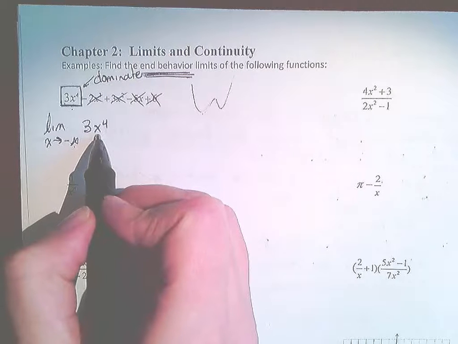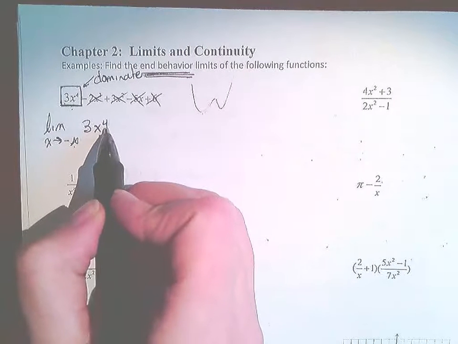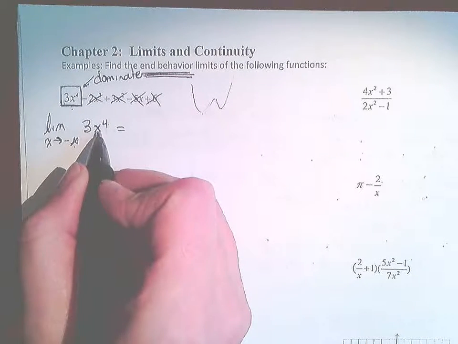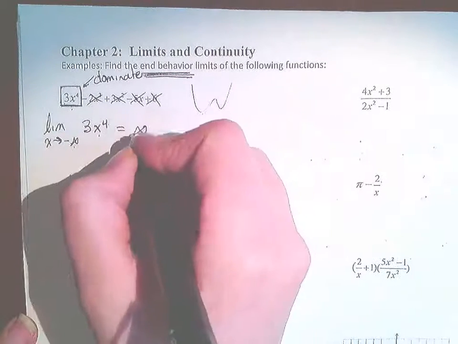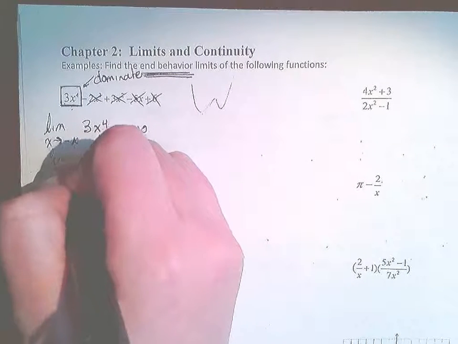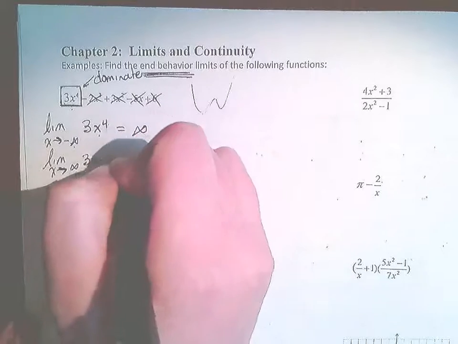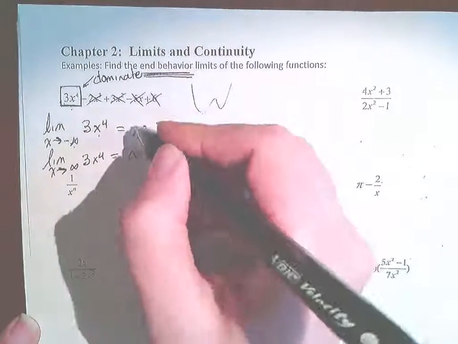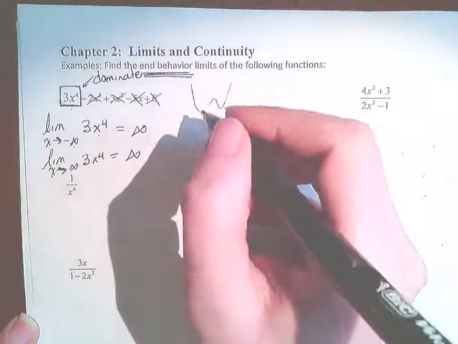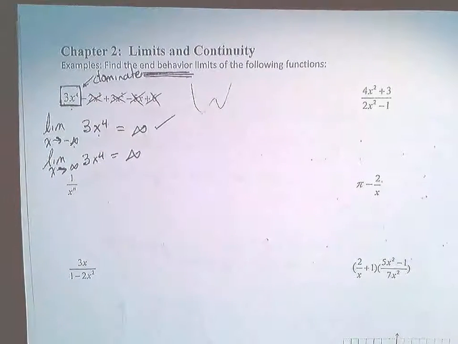Negative infinity to the fourth, because the degree is 4, becomes positive infinity, and positive infinity times 3 is just positive infinity. The same thing happens as x approaches positive infinity. So the limit as x approaches plus or minus infinity is infinity.